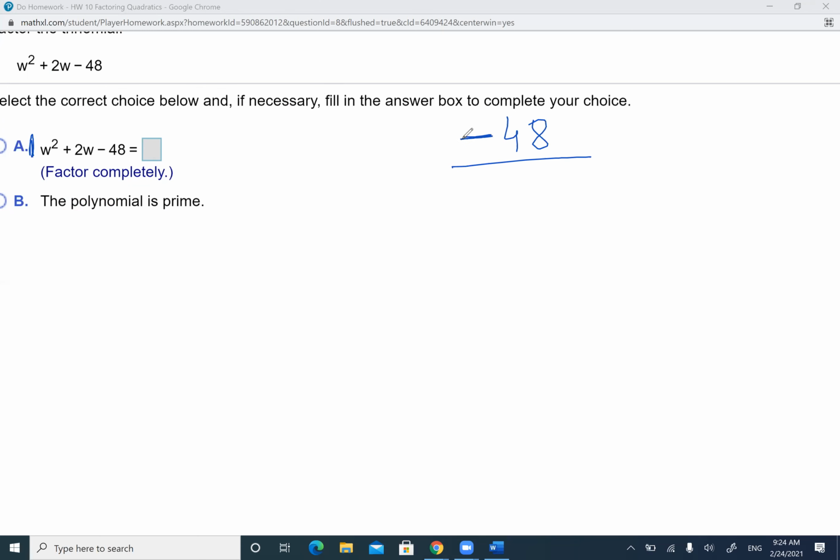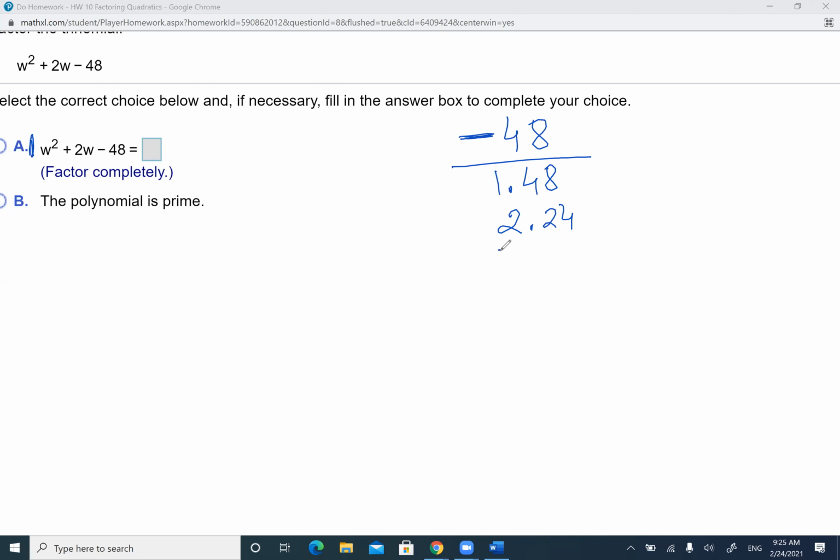So you have 1 times 48, 2 times, you can divide by 2. So it's, what is that? 24. Then you have 3 times, what is 48 divided by 3? It's 16, right?